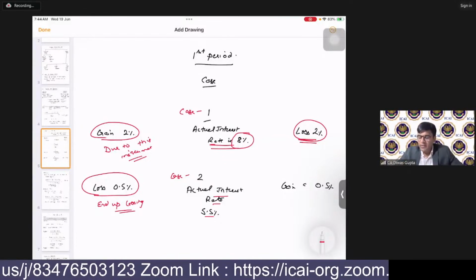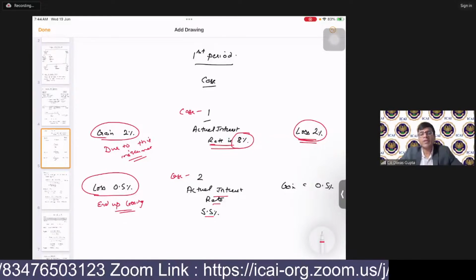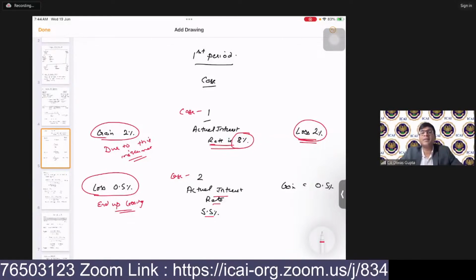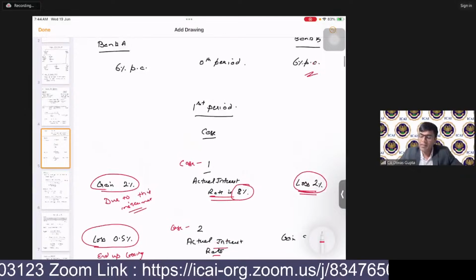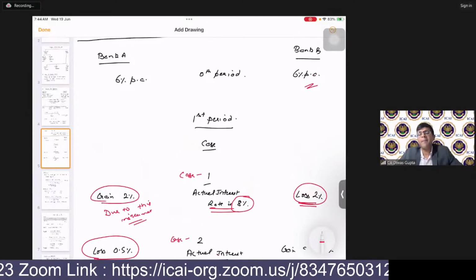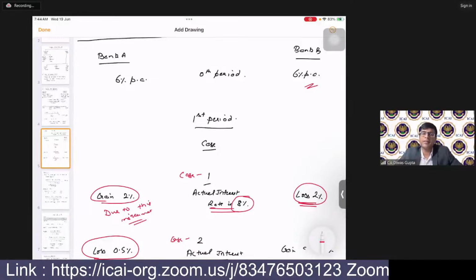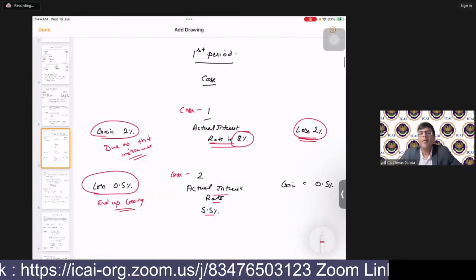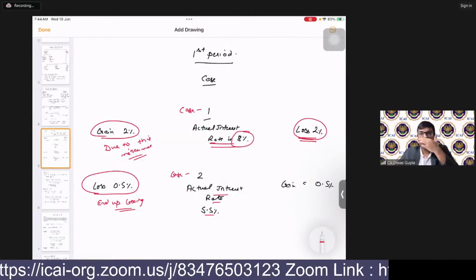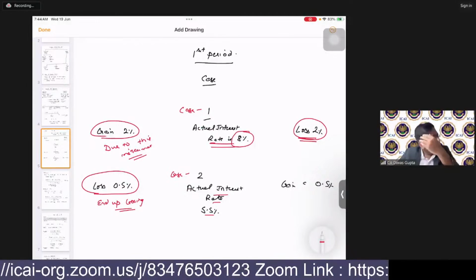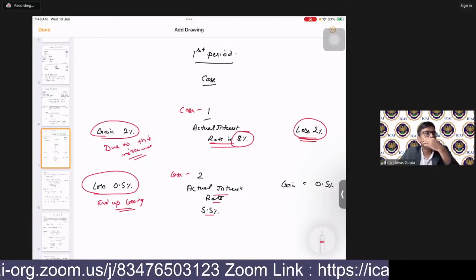In this case, students, if the actual interest rate is 5.5%, Bank B has committed to invest at the rate of 6%. However, the actual interest rate in the market is only 5.5%.